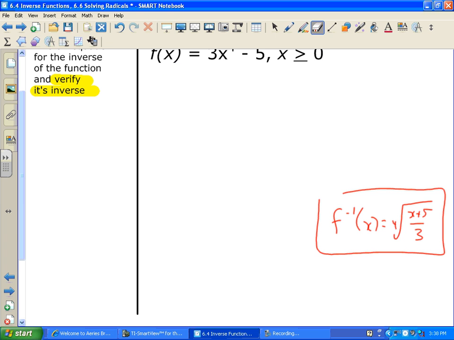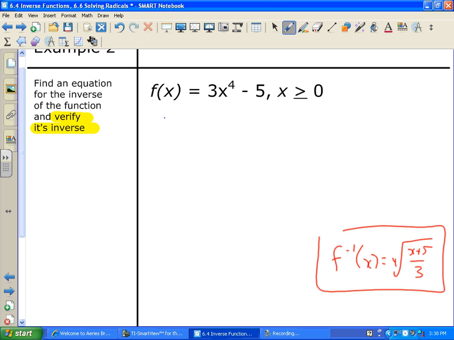Here's how that works. I'm going to do f of f negative 1 of x, and we're going to see how that works out. Once again, f of f negative 1 of x. This is a check. This is to verify that they're inverses here.